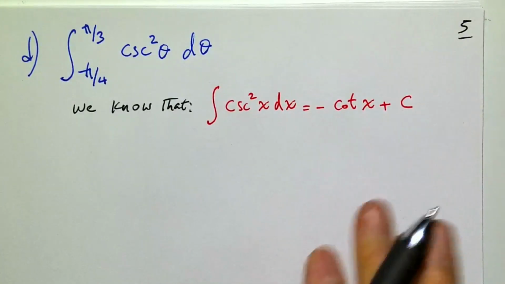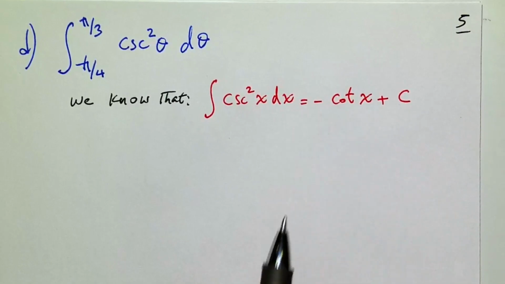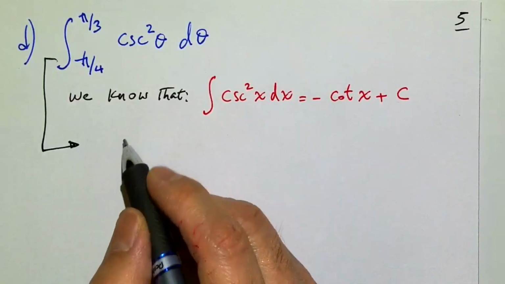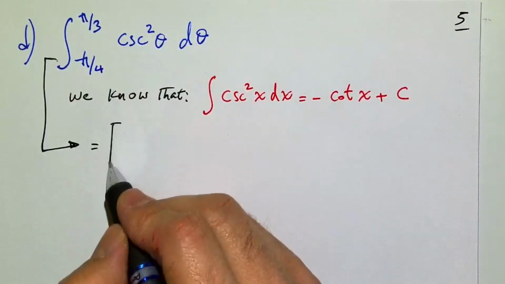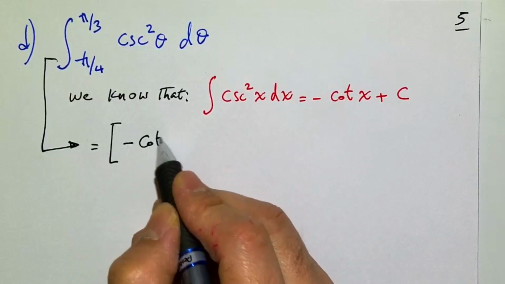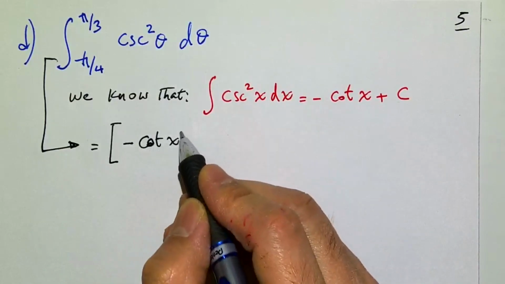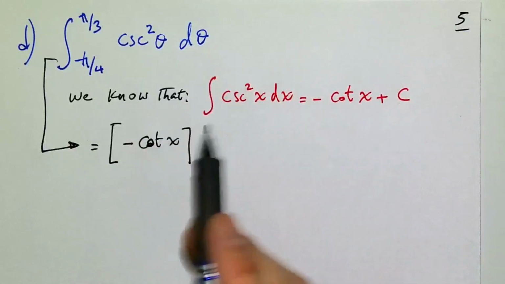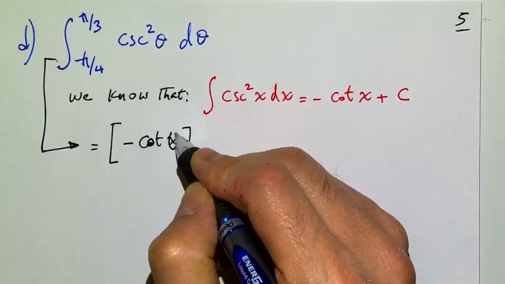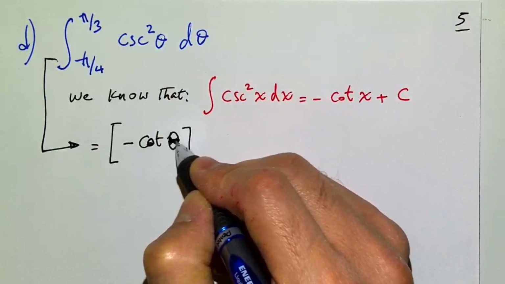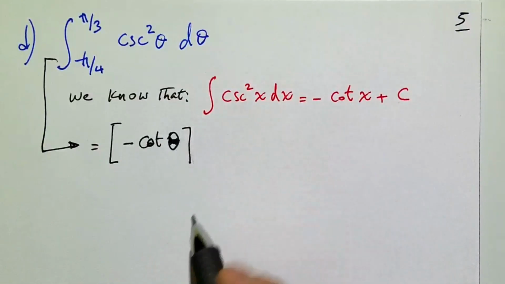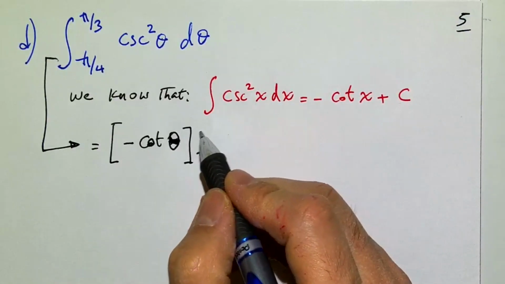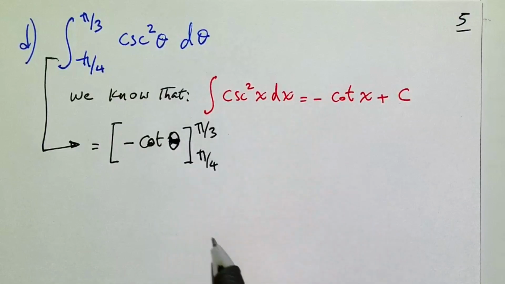Now we won't need the c anymore, but we can use the rest of it. So for us, we have minus cotangent of x, or sorry, cotangent of theta in our case. This is the general formula. For us, it's theta, cotangent theta, from lower limit pi over 4 to upper limit pi over 3.